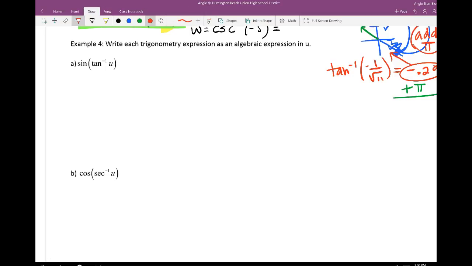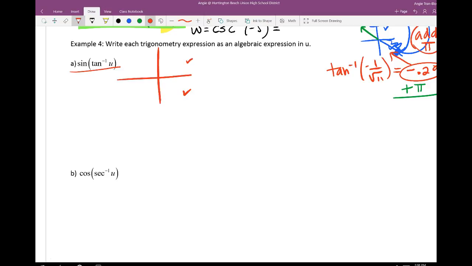So here we go. Tangent inverse of u is the inner component. Once you have an answer for that, you're going to find sine of that. So the whole thing reads sine of tangent inverse of u. Tangent inverse is restricted to quadrant 1 or 4.